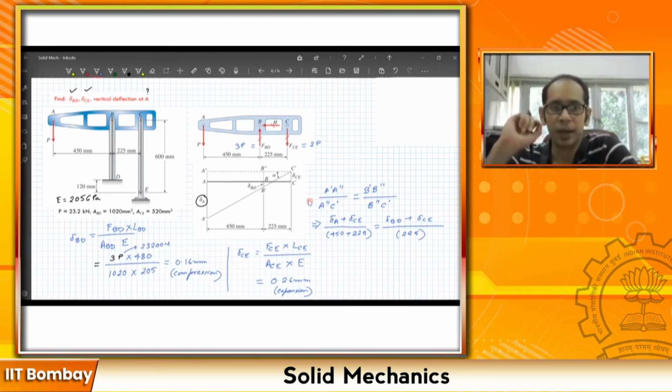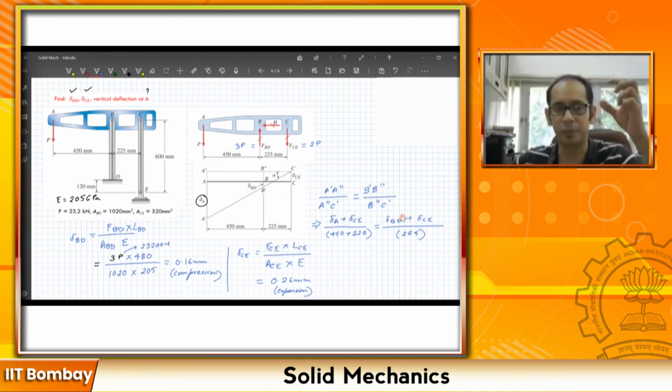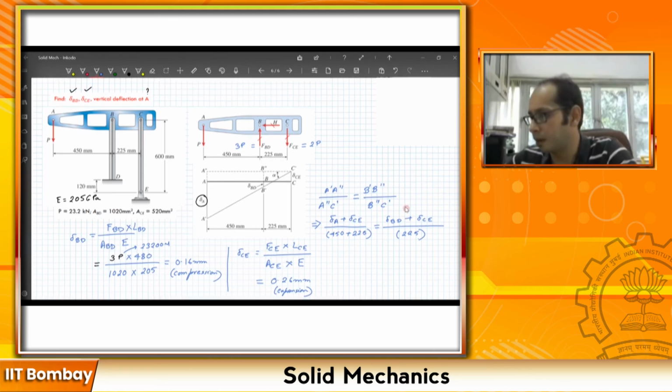But when you are using the similar triangle, you just deal with the magnitudes. There's no positive and negative sign, because what you're doing over here is pure geometry, nothing else. All these quantities are going to be positive because you're just dealing with triangles. Forget about deformations, which one is compression, which one is expansion.